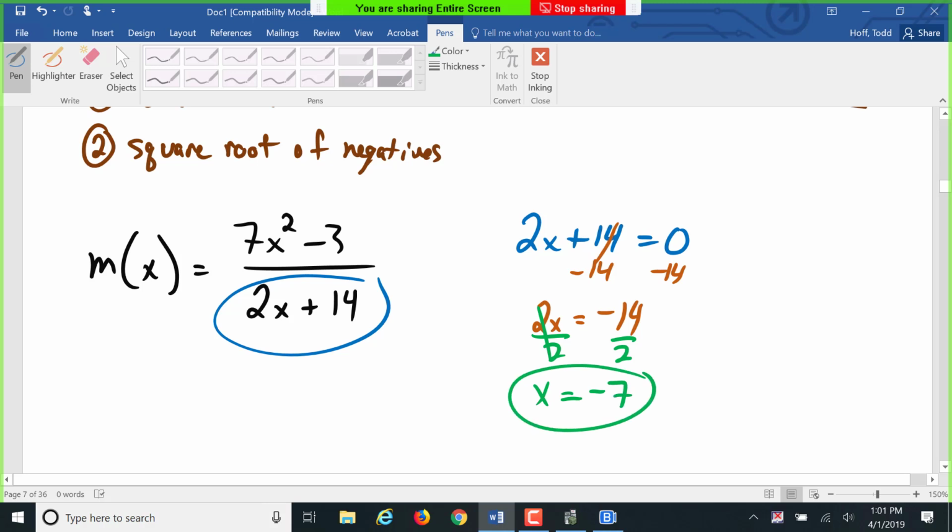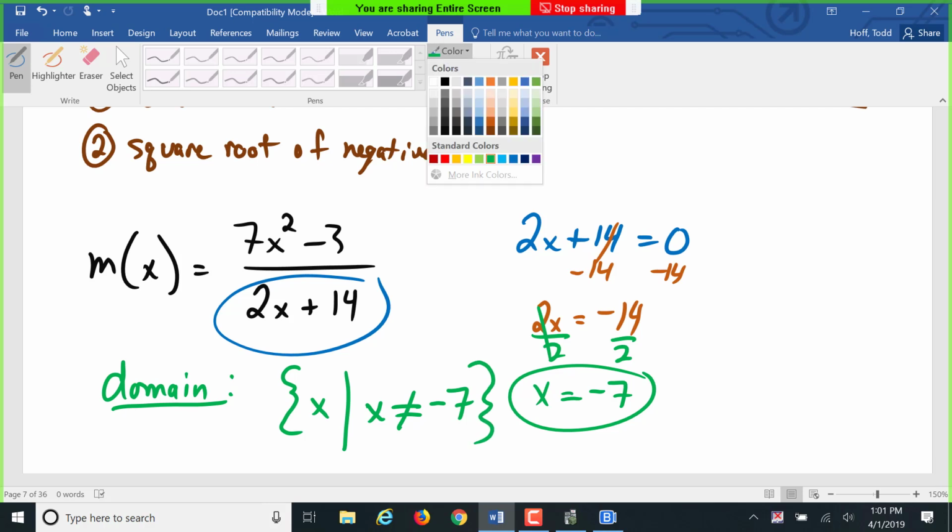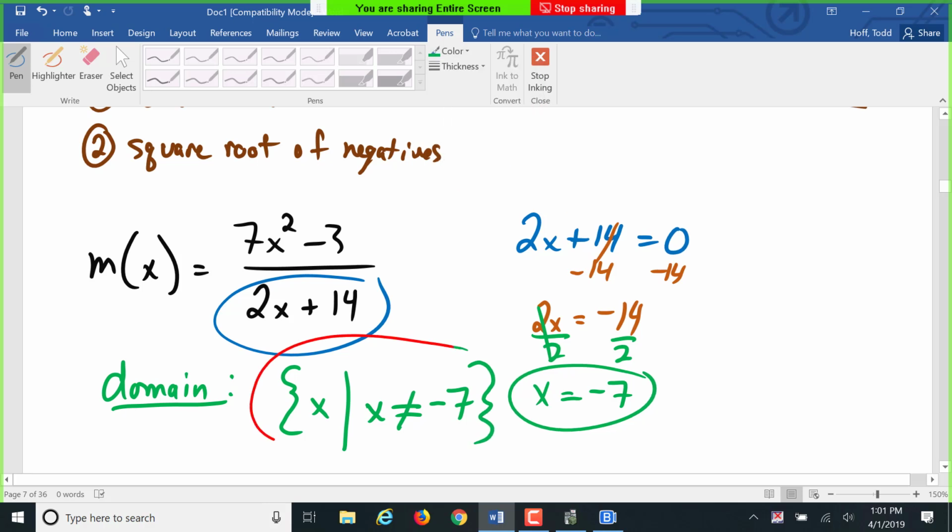That would make the denominator 0, so the domain of this function would be defined as all x such that x is not equal to negative 7. Remember this notation here, our set notation? We used that when solving inequalities a few weeks ago as well.